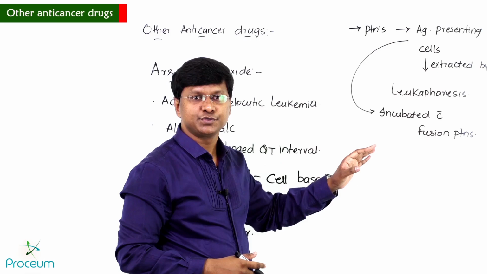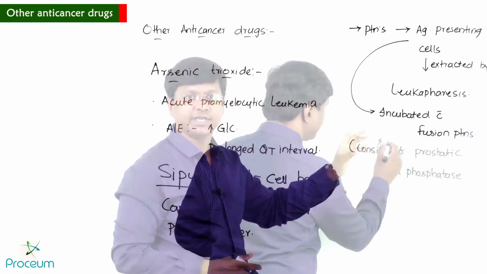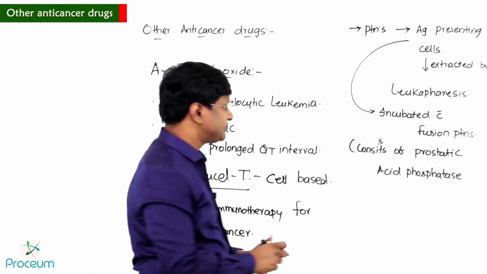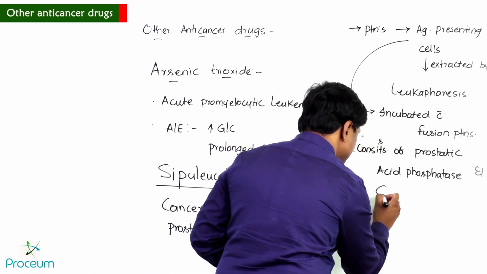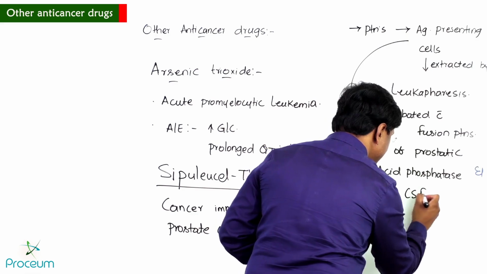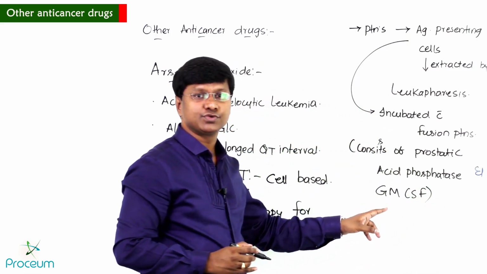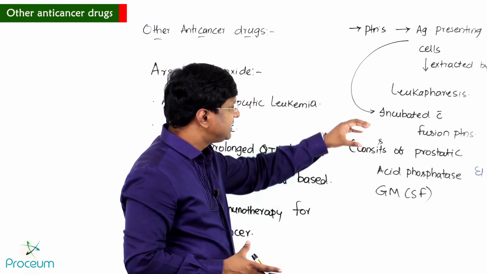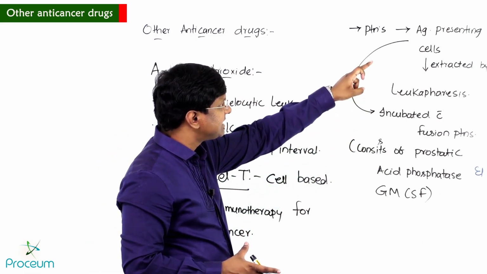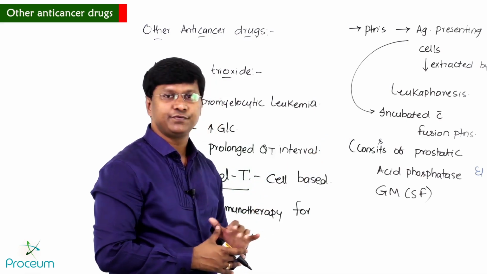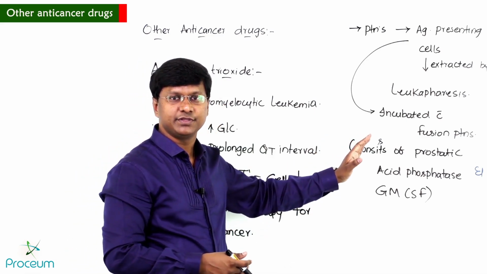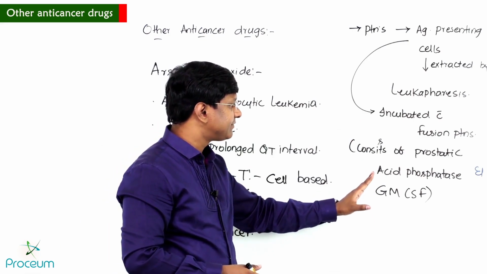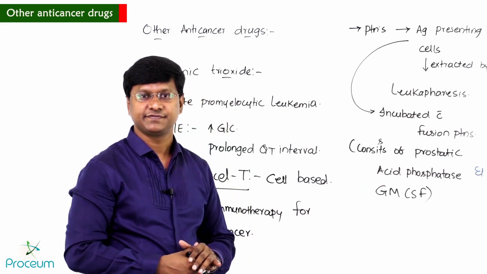What is this fusion protein? It consists of prostatic acid phosphatase as well as GM-CSF, that is granulocyte monocyte colony stimulating factor. So the antigen presenting cells are incubated with the fusion proteins, that is, acid phosphatase and GM-CSF.